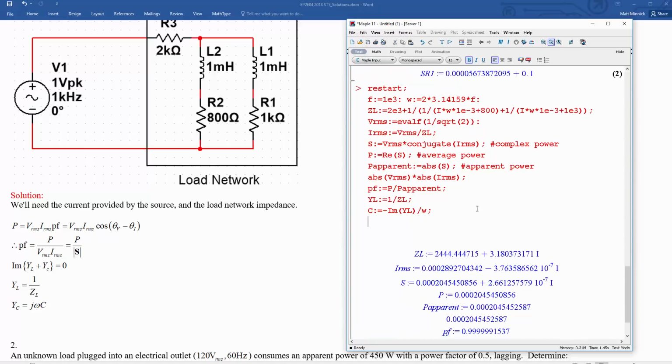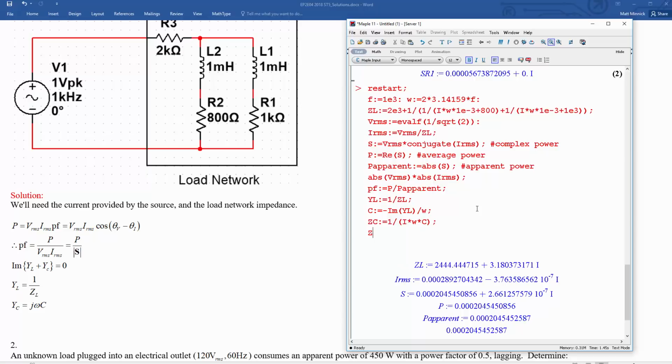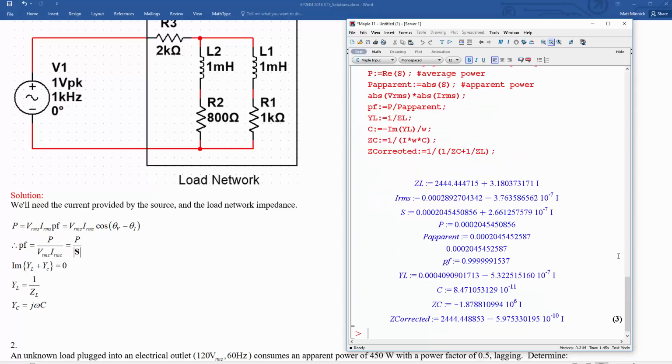So we can say ZC is equal to 1 over j times omega times C. And Z total, or Z corrected, would be equal to 1 over ZC plus 1 over ZL, and this should be entirely real.